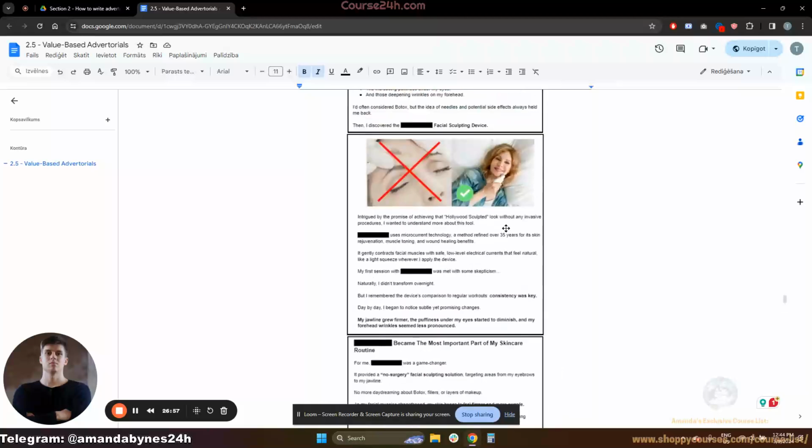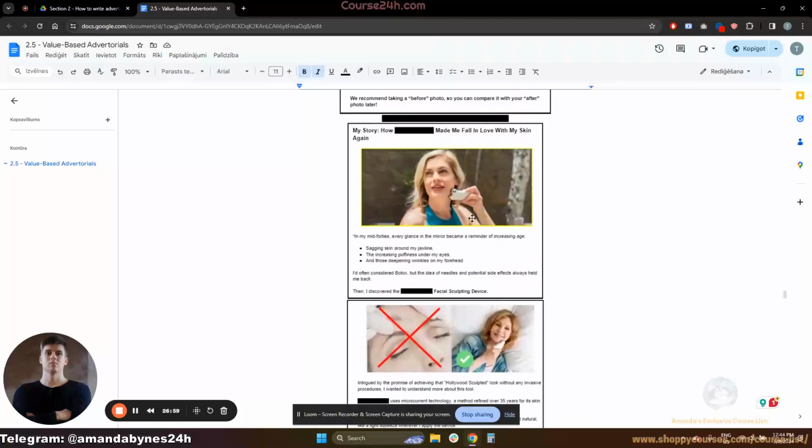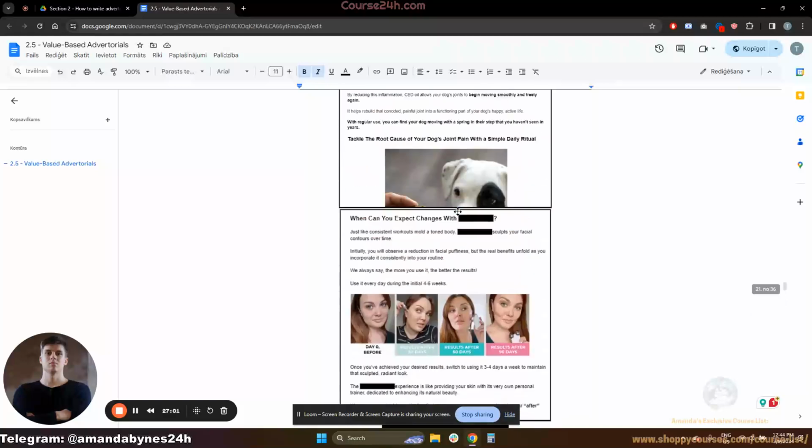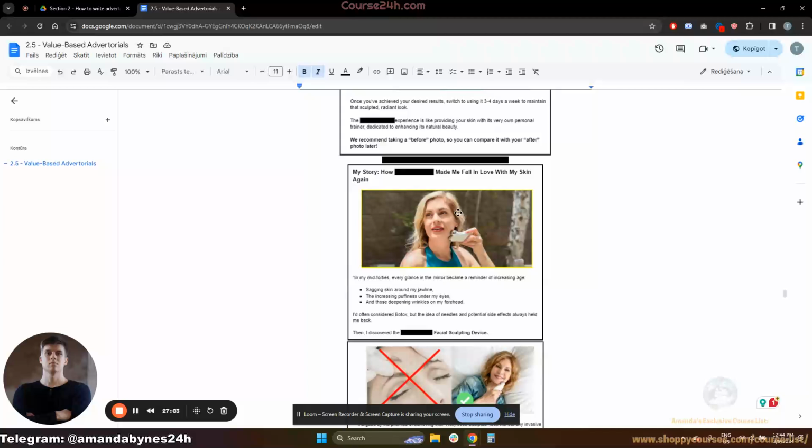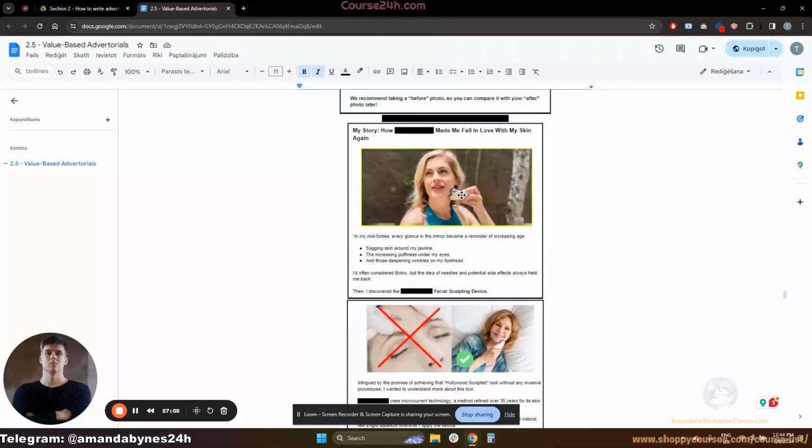You can include this right after your social proof as well, because you don't have to say "imagine how your life will look." You can instead just share a story, and if the reader shares the same problem, they will automatically imagine themselves in that scenario of how life will look once they solve the issue.